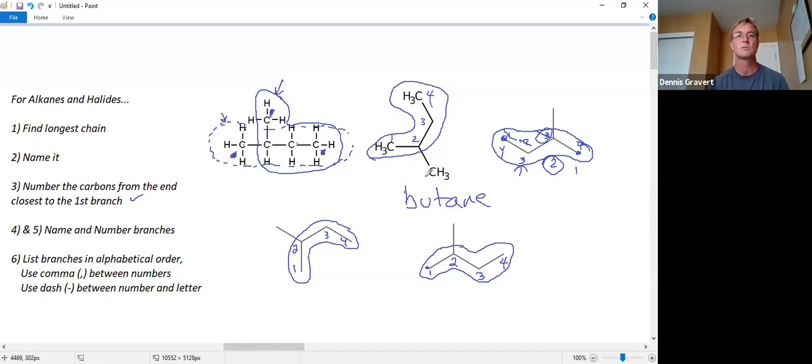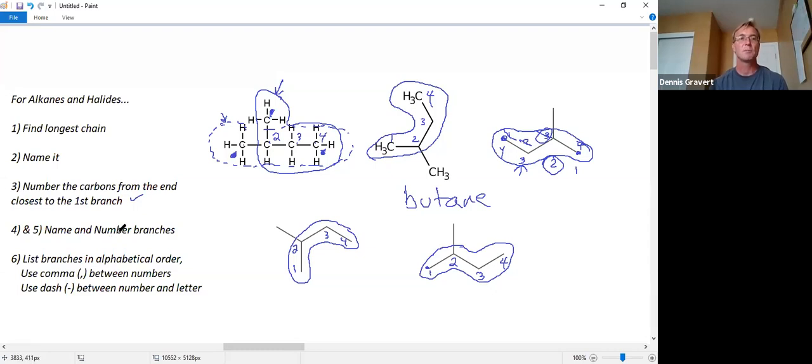The branch is on 2. And this one I got all messed up. I'm going to skip it because it's just so messy. But this is definitely carbon 2, 3, 4. And then you decide, was this number 1, because in bold, that was my parent, or the dotted line, was that your parent? And this is 1. All right, that was step 3.